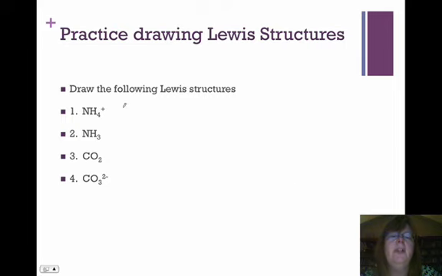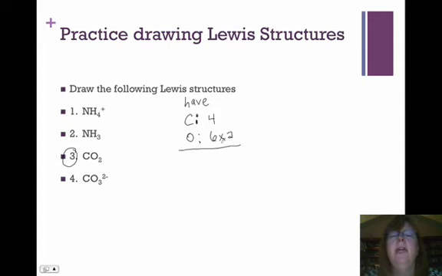Let's draw a Lewis structure, in this case for carbon dioxide. Rule number 1, you count the number of valence electrons that you have. So we have carbon, and how many valence electrons does carbon have? It has 4. And oxygen, how many valence electrons does oxygen have? It has 6, but we have 2 oxygens. So we have a total of 16 electrons that we have to work with. Now I make another column of how many valence electrons we would want.